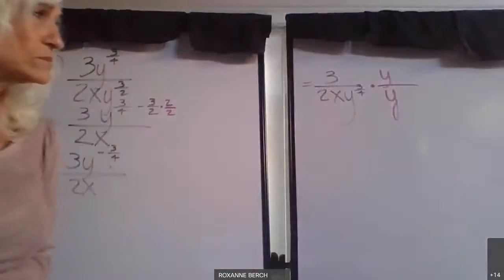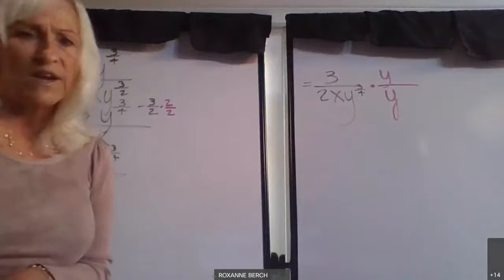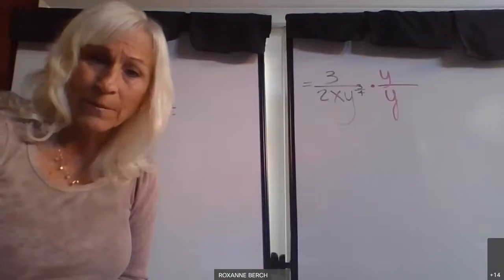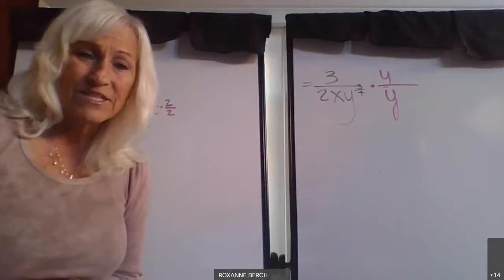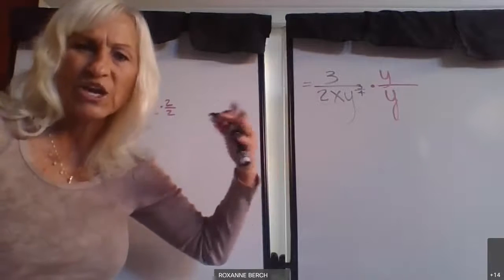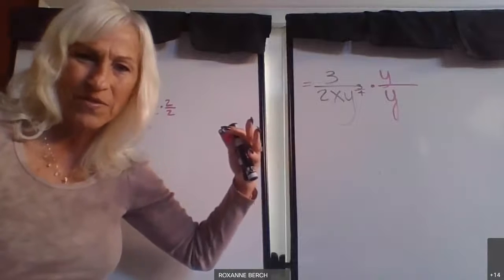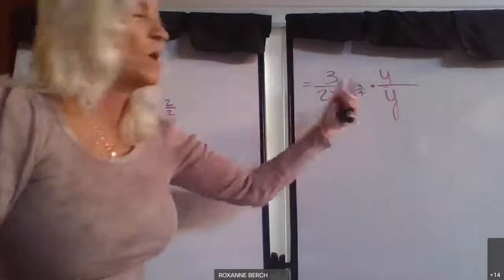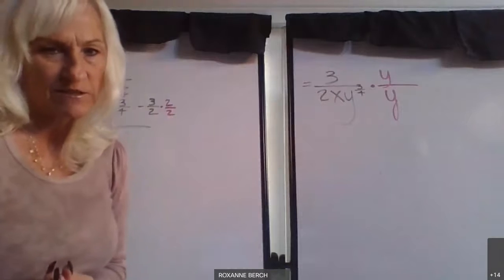Well, wouldn't it be nice to have a whole number? So the question is, how can we get y squared or y cubed or y to the fourth? When you multiply monomials, you add the exponents.